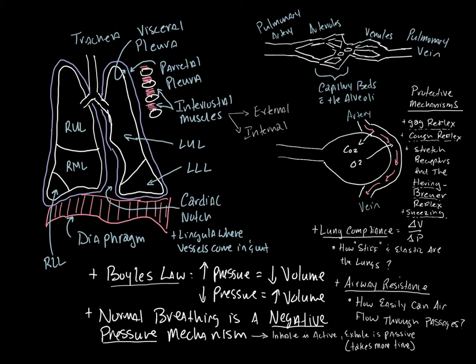Remember we talked about it being a negative pressure mechanism. So here they lie within the thoracic cavity, and the lungs themselves are in the pleural cavity, and then the mediastinum contains the heart and the great vessels. And both the mediastinum and the pleural cavity exist within the thoracic cavity.